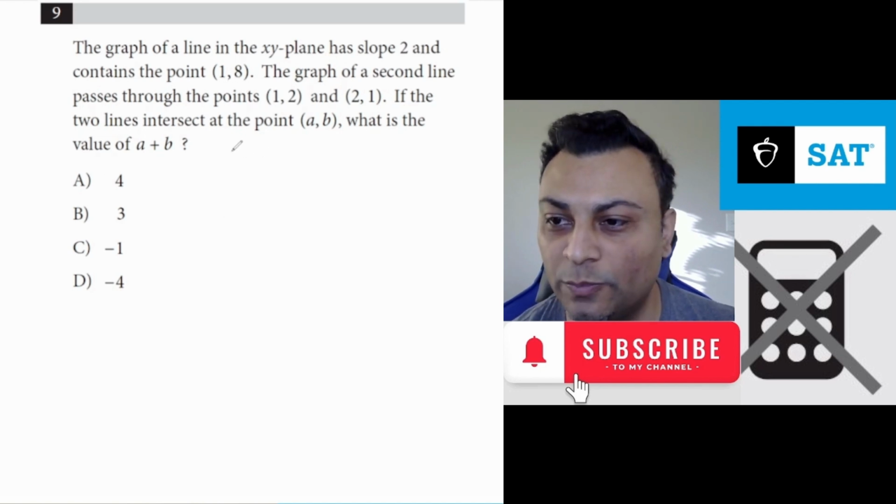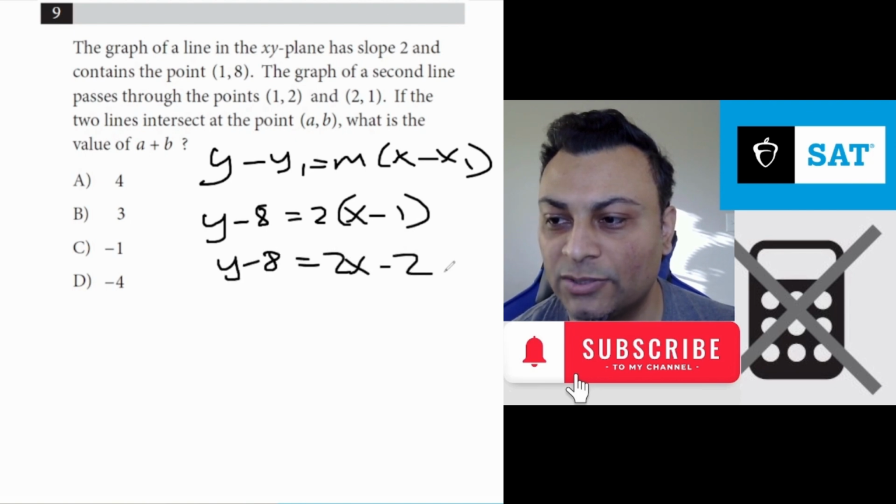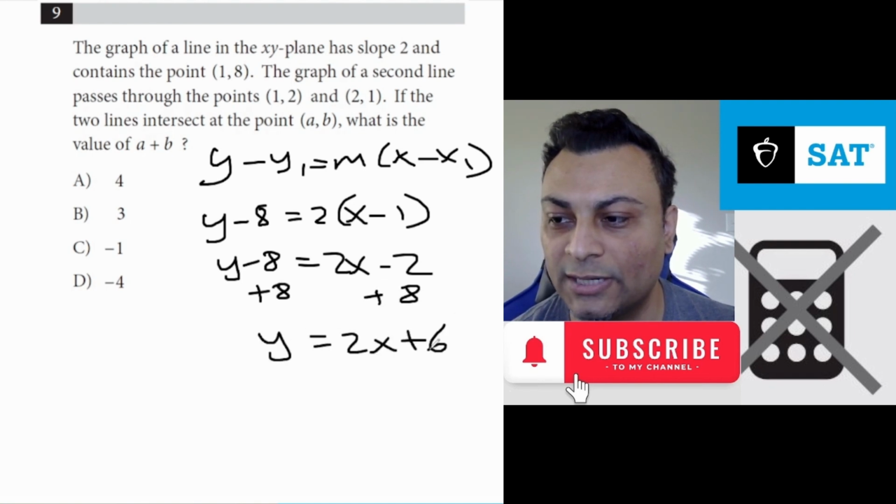Let's use point slope, which is y minus y1 equals m times x minus x1. So we're going to do y minus 8 equals 2 times x minus 1. And y minus 8 is 2x minus 2. We'll add 8 to both sides, and you get y equals 2x plus 6. So that's one of the equations.